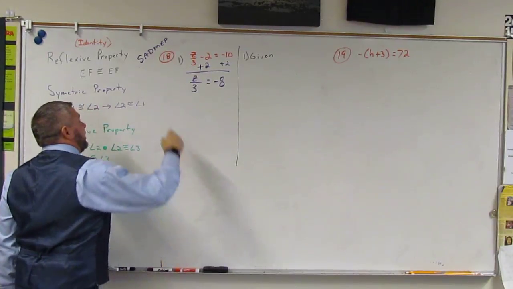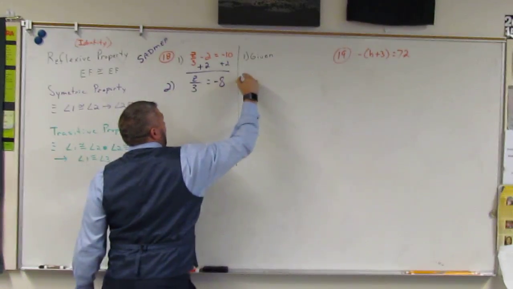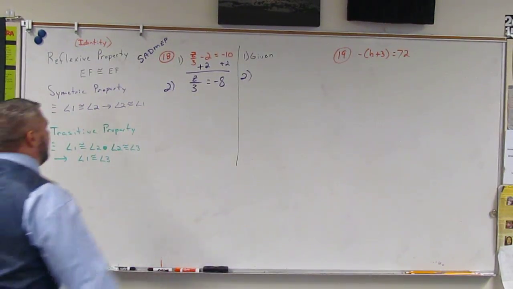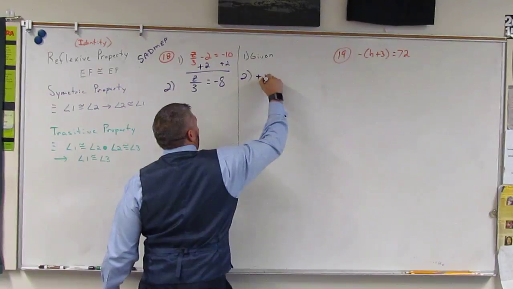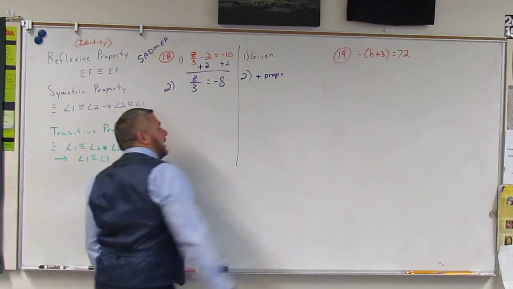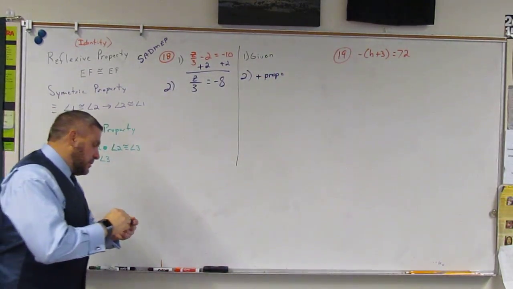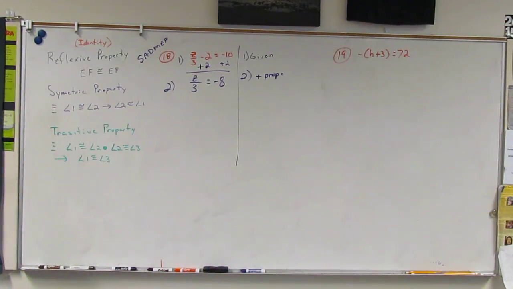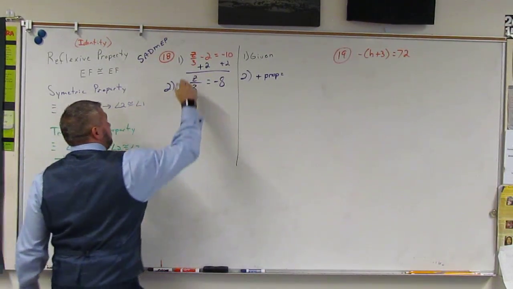Okay? So what is our second step? What did we do to get there? Yes, addition property of equality. There you go. Now we're clicking. What's next? Multiply by 3.